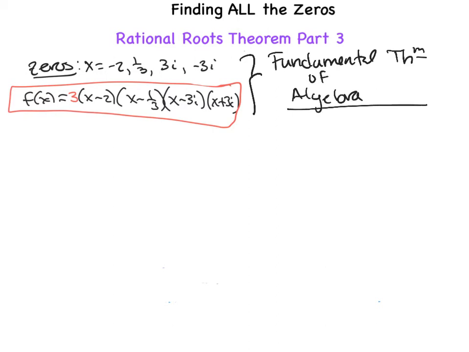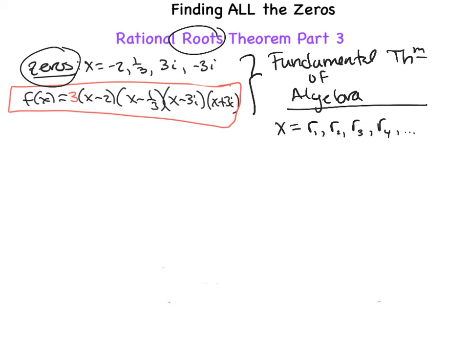And what the fundamental theorem of algebra says is that if x equals, I want to use a letter. I don't want to use 2, 3, or 4. I want to use a letter. So let's call it root. So we'll do little r for a root. Remember, the roots and the zeros and the x-intercepts mean the same thing. But I want to have several roots. So I don't want to call them r, r, r. That gets confusing. So r1, r2, r3, let's say r4, and so on.